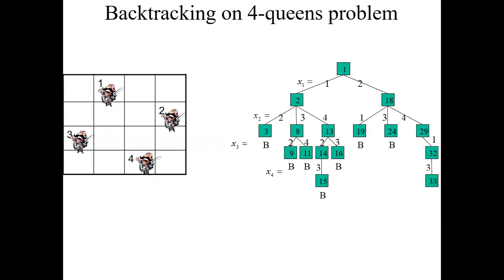तो हम क्या करेंगे? First queen को first row के first column पे place करेंगे. So this level is for first queen and we are placing it at column number 1. And cells के अंदर जैसे iterate कर रहे हैं वो numbers लिखे हुए.